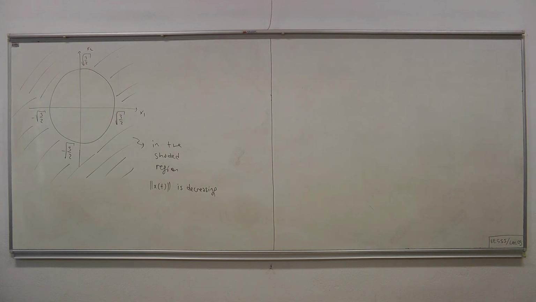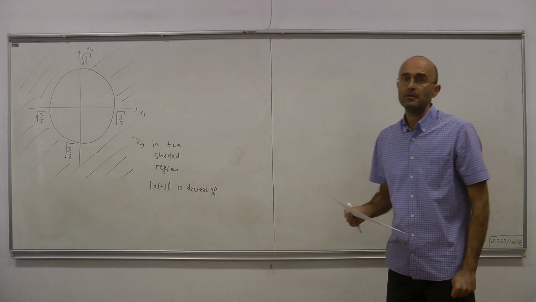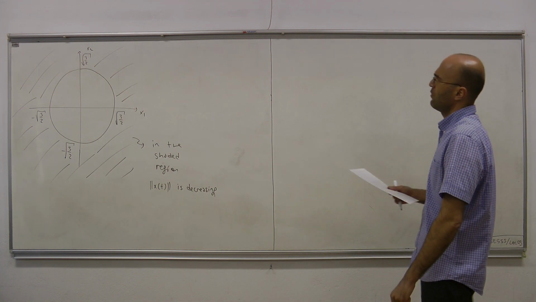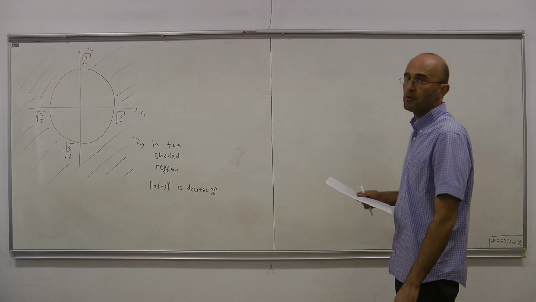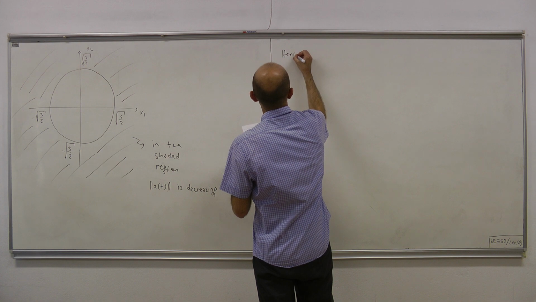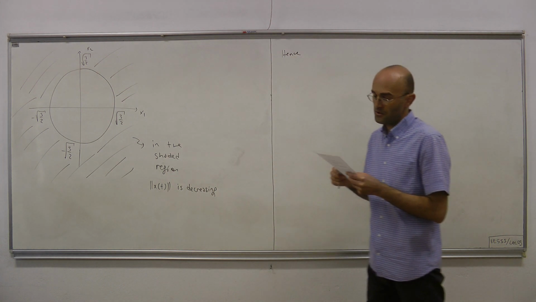Okay, so that was the crucial step, that observation. And from this point on, everything just follows very smoothly. All we have to do is just apply the Poincare-Bendixson theorem. So the interpretation of what we have observed or obtained here is the following.